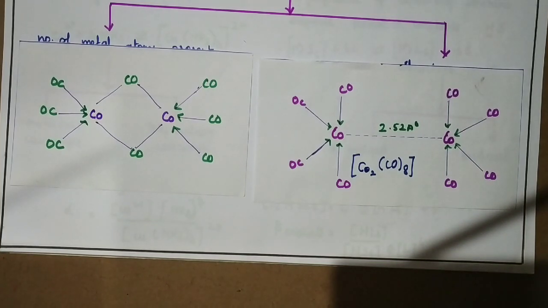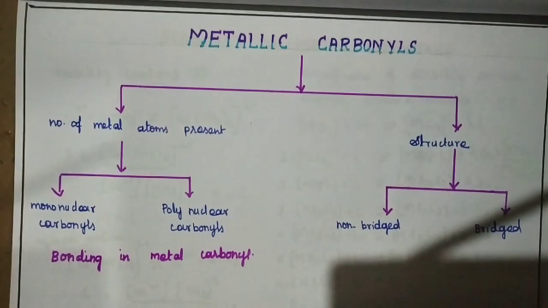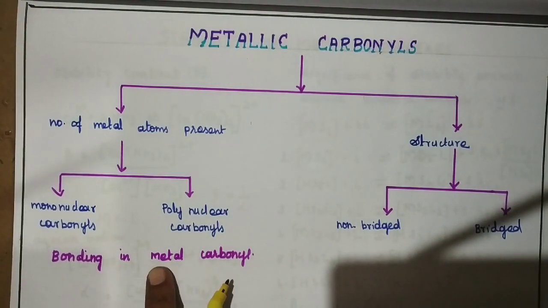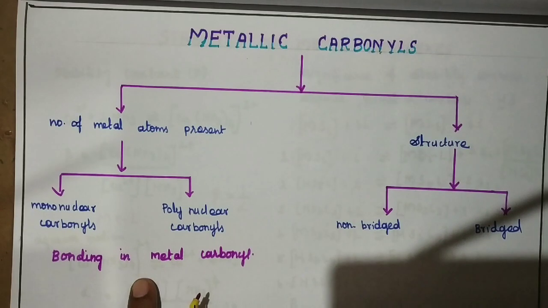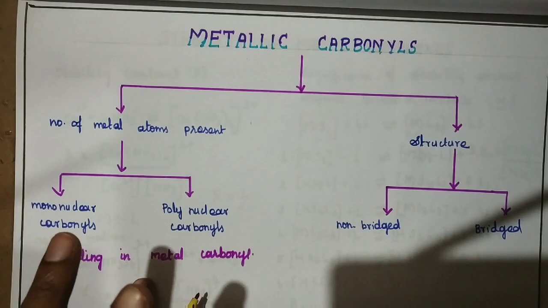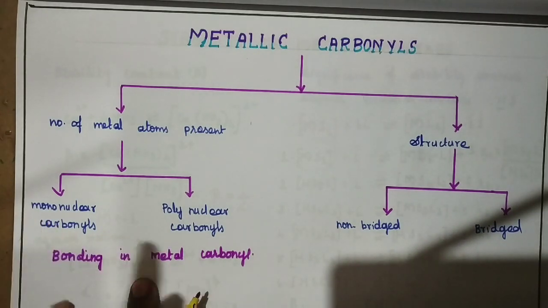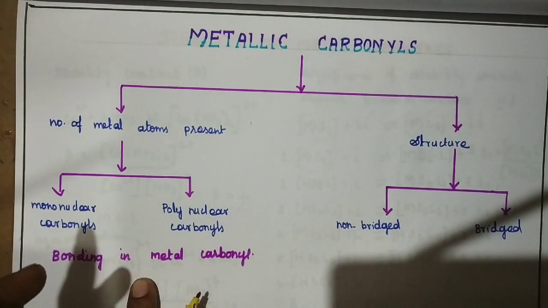Another topic is bonding in metal carbonyls, the bond between the central metal ion and the ligand. The carbonyl ligand consists of two components: sigma character and pi character.